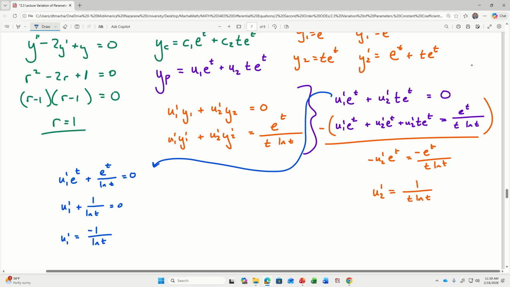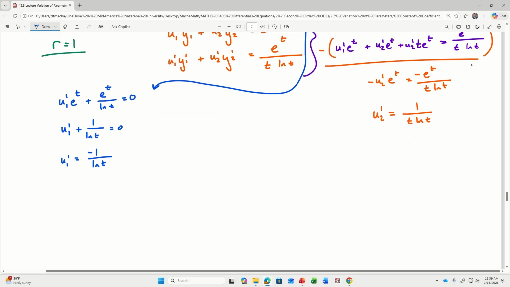And now that we found u1 prime and u2 prime, it's our job to take antiderivatives, so you can actually find u1 and u2. And that means u1 is the antiderivative of 1 over natural log of t dt. Well, this is one of those non-elementary functions.